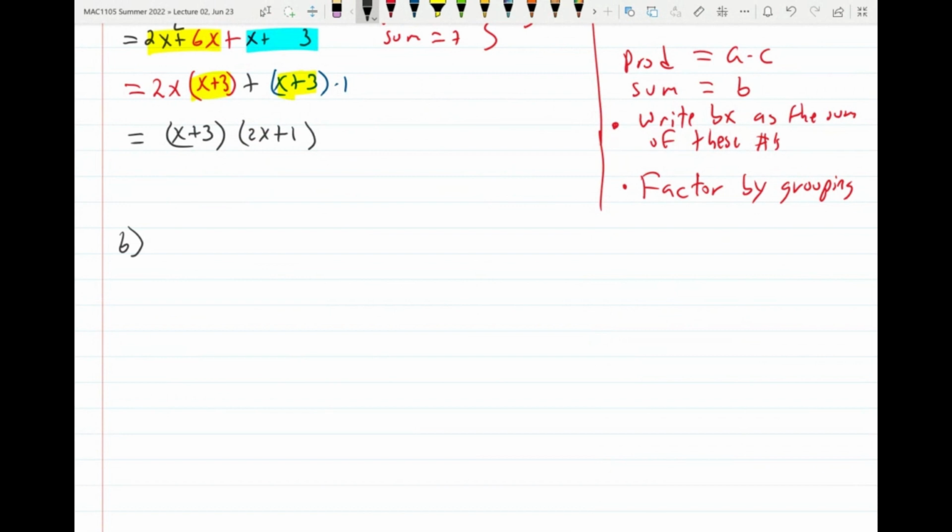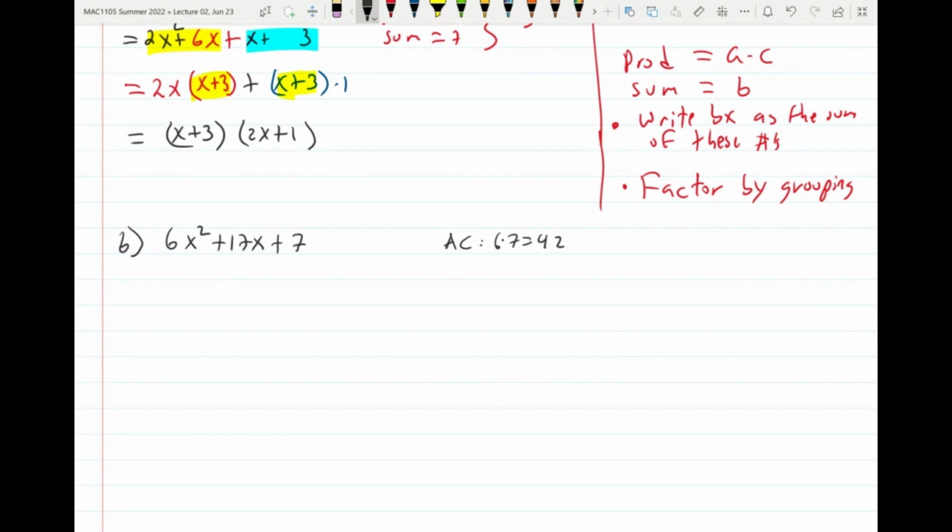So let's do 6x squared plus 17x plus 7. All right, so let's see, who can tell me how should we factor this? What do we need to do? So by the AC method, 6 times 7 is 42. Okay, so we look at 6 times 7, which is 42.